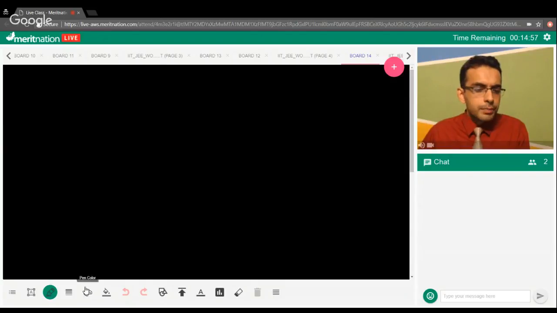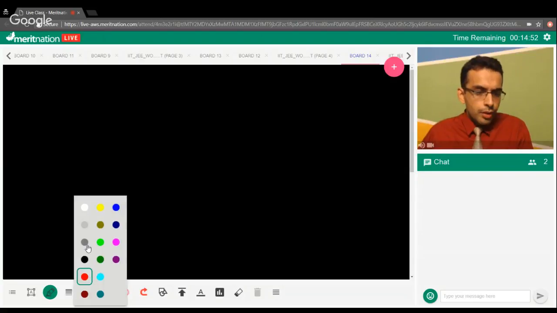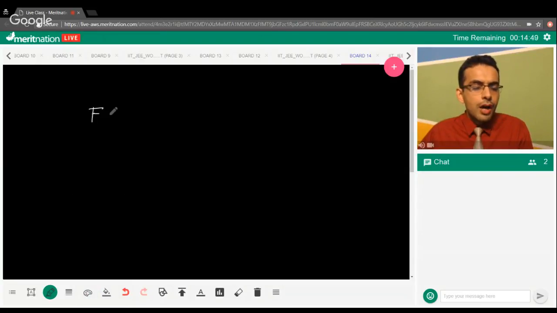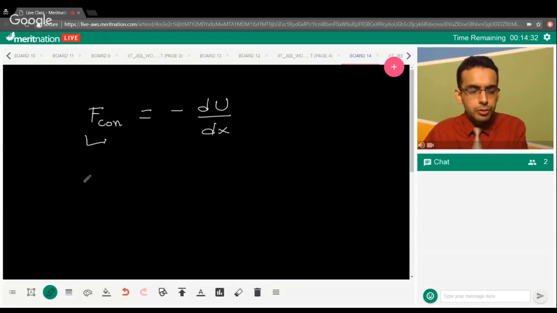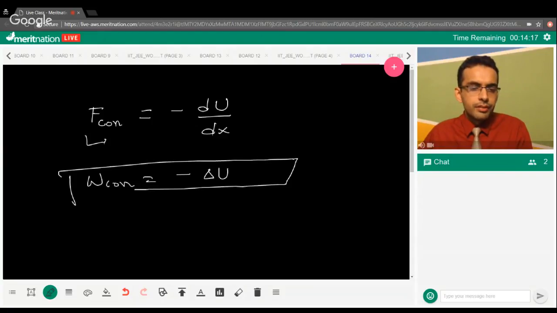You should know one formula: F conservative is equal to minus dU by dx. U is the energy, x is the displacement, and F conservative is the force. Also, the work done by a conservative force is equal to the negative of change in potential energy. Two things you should note down.